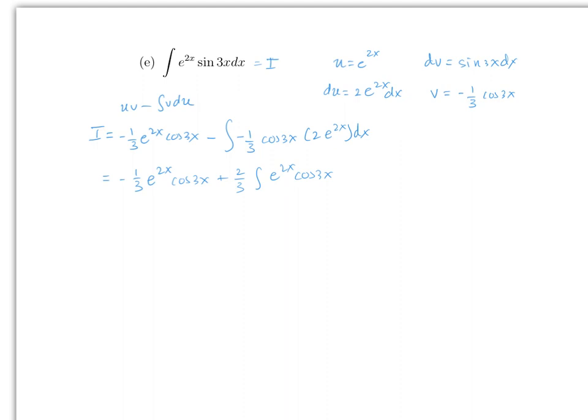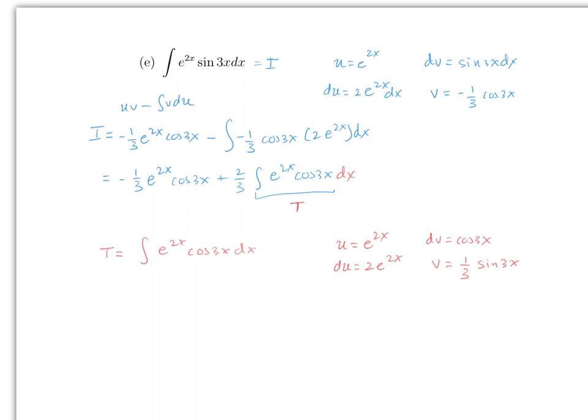Okay, so let's call this part from here to here T, and we have to use integration by parts for that again. So for T, you're integrating e to the 2x cosine 3x dx, and here u would be e to the 2x and dv is cosine 3x. So therefore du will be 2e to the 2x again, and v will be 1/3 sine 3x.